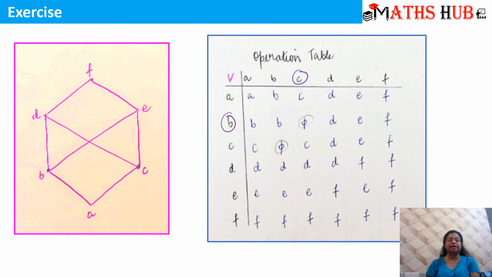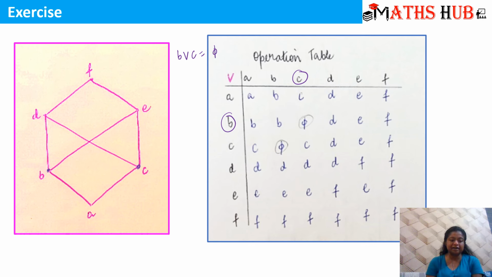I have to calculate the first point of contact in the upward direction. So in the upward direction, the first point of contact is D this side and it is E this side. But we know that the least upper bound is always unique. There cannot be two LUBs. So in this case, B join C will not exist and it will be equal to phi.